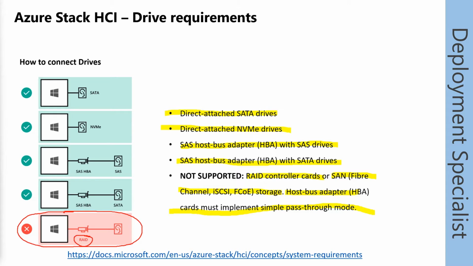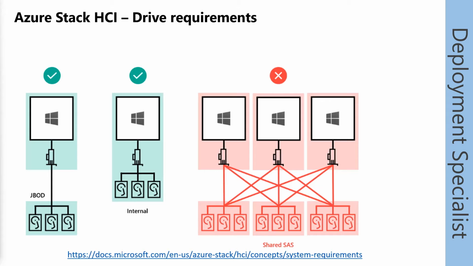So if we are thinking about servers, you know the tower servers, you know rack servers with the small 1U form factor or the 2U form factor. If you have limited drive capacity in your server, you can attach JBODs, so disk enclosures, to your server chassis.